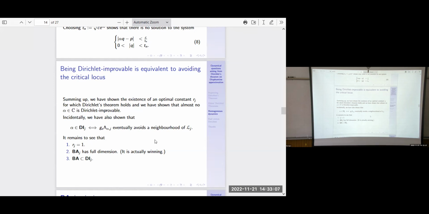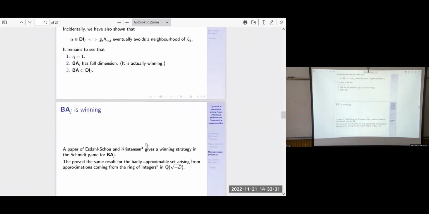Again, I didn't say this explicitly, but it's just a change of variables. What remains, of course, is to see that Rj is equal to 1, Daj has full dimension, it's actually winning, and this part. Again, we won't do any work. We'll do as much work as Davenport-Schmidt.